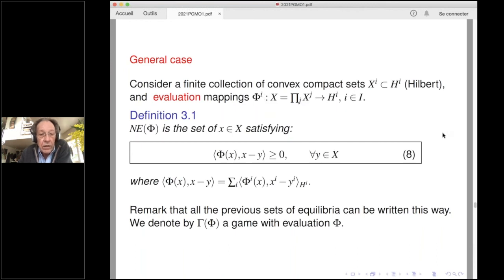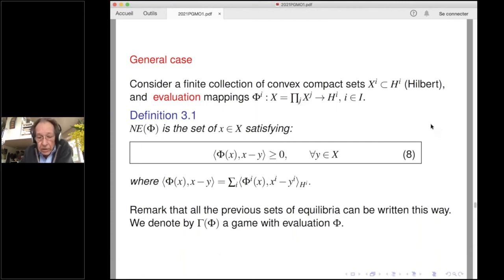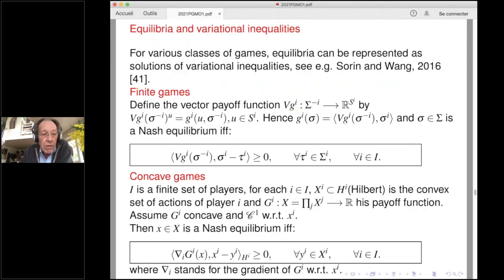And I will say that the Nash equilibria of these evaluation mappings is the set of X satisfying this, where phi of X is the sum over i. So all the previous sets of equilibria can be written this way, but the function phi will vary. In the first case, phi is the vector of payoff functions.